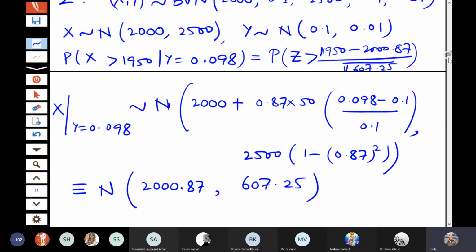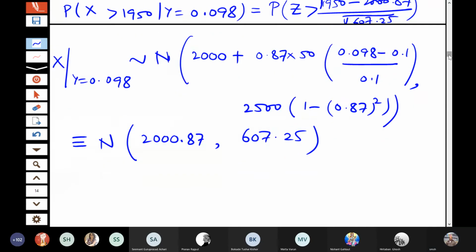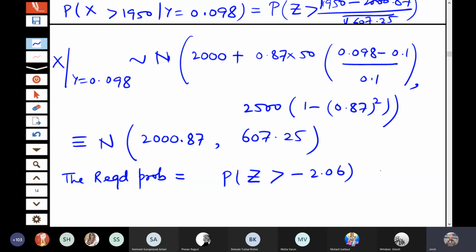So the probability will become z greater than minus, you can simplify this. Again it is coming to about 2.06.